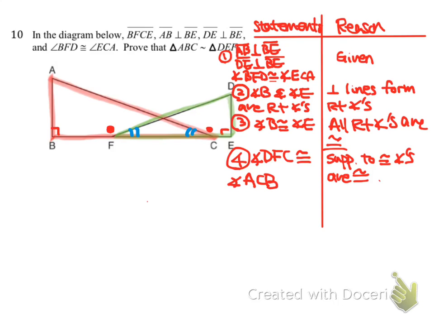Alright, then step number 5, since we set two pairs of the angles at number 3 and number 4, we can say triangle ABC is similar to triangle DEF. Why? AA postulate. Alright, so that was number 10.